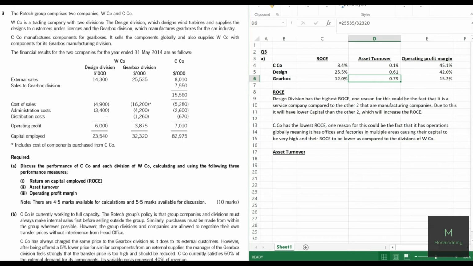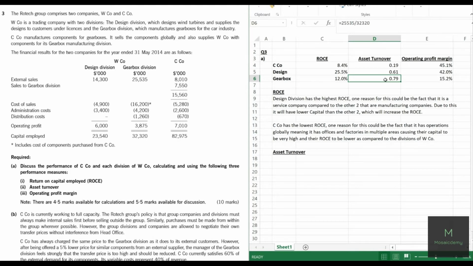Let's explore what a reason for that could be. So, Gearbox manufactures gearboxes in the car industry, and CECO sells components to Gearbox. So that might be the answer there, right? If CECO is selling components to Gearbox, it's selling them based on a transfer price. Now Gearbox's operating profit is low, but the sales, based on the high asset turnover, are high compared to your design division.